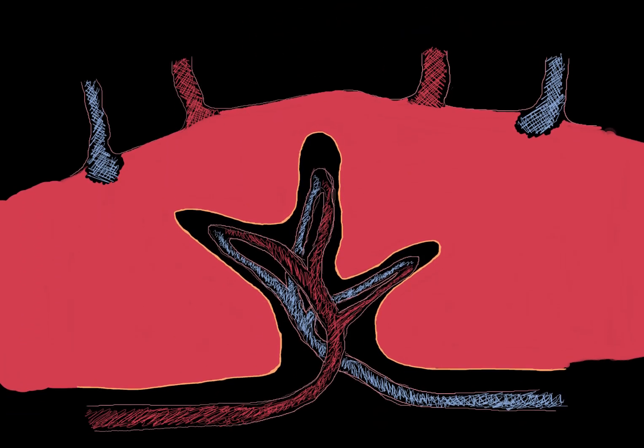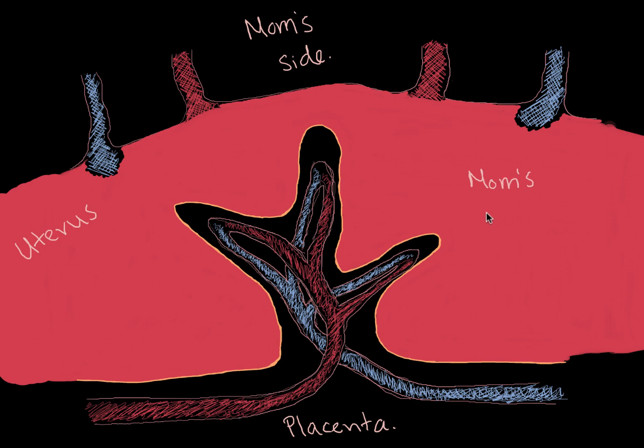So this is a really zoomed in picture of the uterus and the placenta, and this here is the uterus. So this is mom's side. And this down here is the placenta, or at least part of the placenta. So first you'll notice that there's a lot of blood in here, and this is mother's blood.